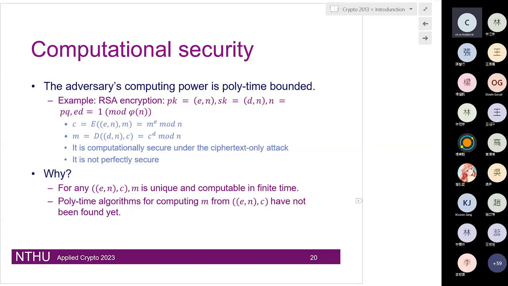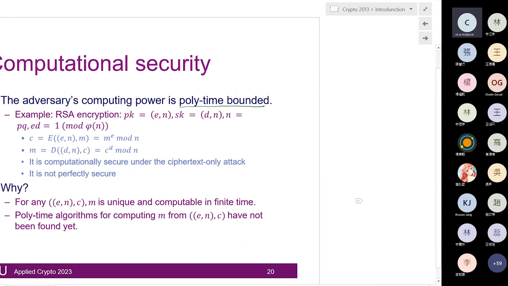So the first thing is that we assume that the adversary's or attacker's computing power is polynomially bounded. Polynomially bounded might sound a bit awkward for many of you, so let me remind you. Let's say I give you two matrices and I ask you to multiply one matrix by the other, and then you get some results, right?